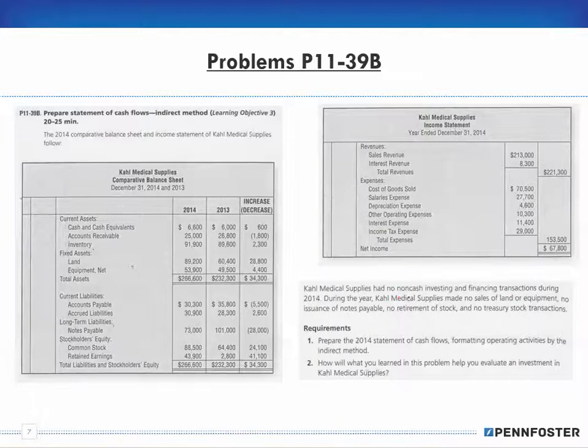All right, it also says here it had no non-cash investing and financing transactions during 2014. During the year, the company made no sales of land or equipment, no issuances of notes payable, no retirement of stock, and no treasury stock transactions.